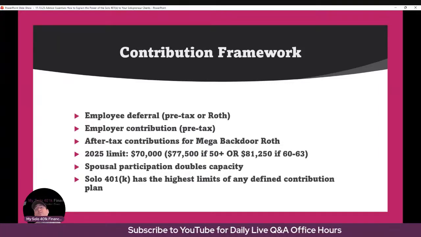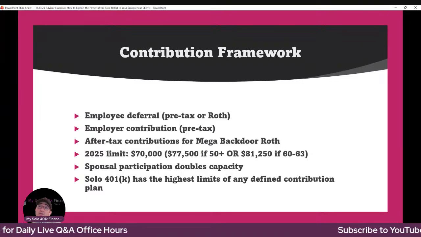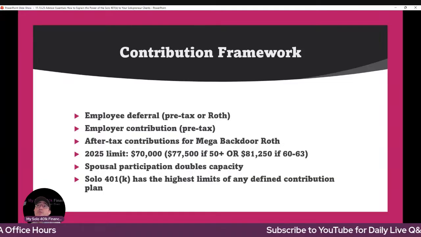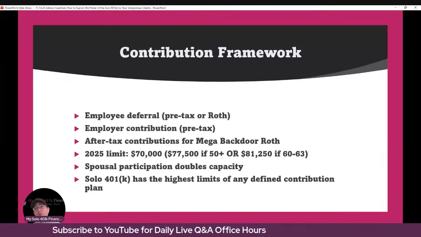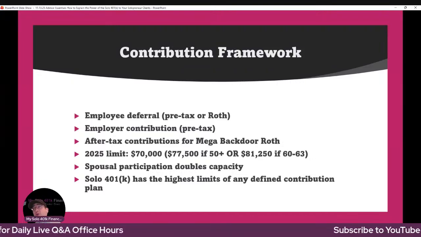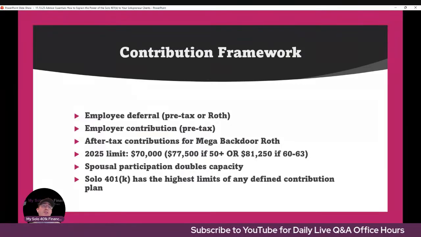And that is because it allows for not only employee contributions, but also employer. And if you have a plan like the one offered by my solo 401k Financial, it allows for voluntary after-tax contributions, which is how you make mega backdoor Roth contributions, right? So in the words of the IRS, when you're self-employed, you wear multiple hats, right? You're both the employee and the employer.